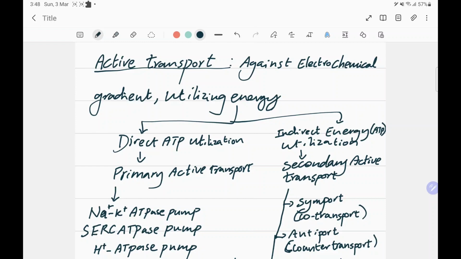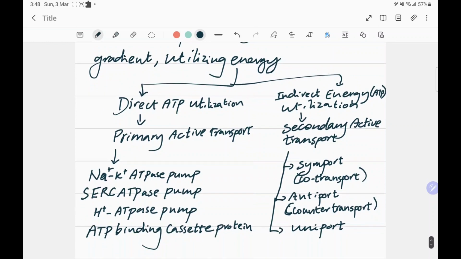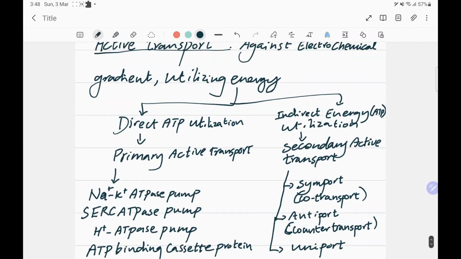This could be the number of molecules or even charge that can influence, that determines whether it's active or not. So electrical and chemical gradient, you should look at both of these. Anyway, so utilizing energy, the way these carrier mediated transports work, there are these molecules, like I said, in active transport.